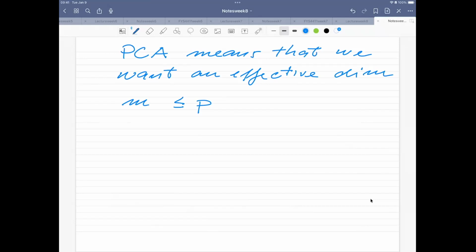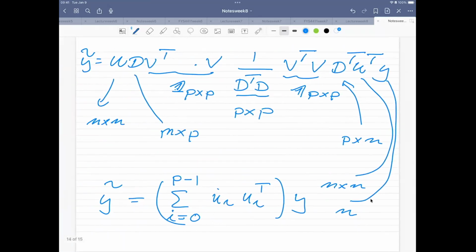So p represents the degrees of freedom we have. Your matrix X has p features. So if you're looking at, let's say, the DNA in a specific type of illness, this number of features could be 1 million, for instance. And that means that your matrix, which you have to invert, is 1 million times 1 million. However, if you look at this projection here, what you want now is only effective degrees of freedom. So the question is now, how do we get these effective degrees of freedom?